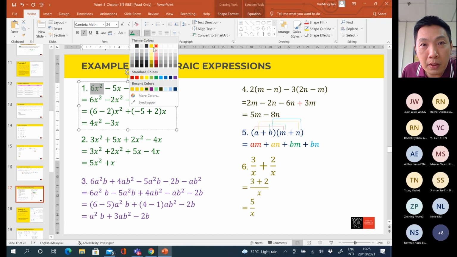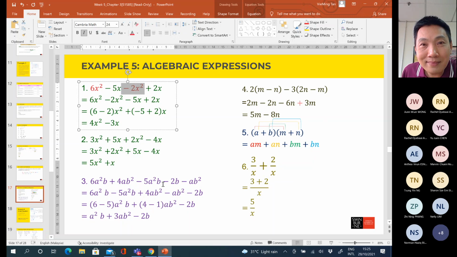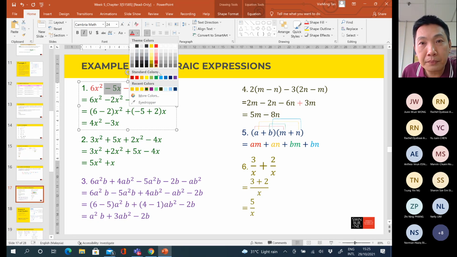So x power 2 and this x power 2 can combine, right? Because same species. So we can use the plus minus activity rule to combine these two terms. This is minus 5x. This is plus 2x power 1. So same species, we can combine these two. Maybe I use blue color.